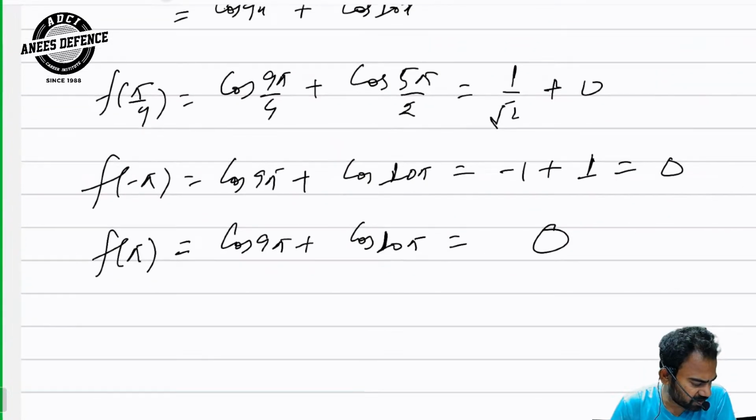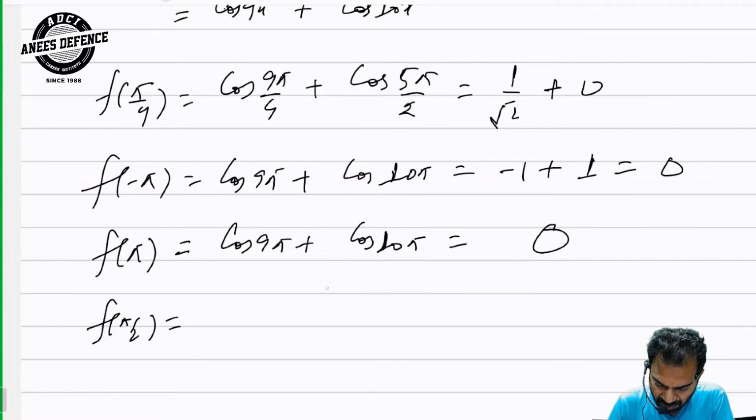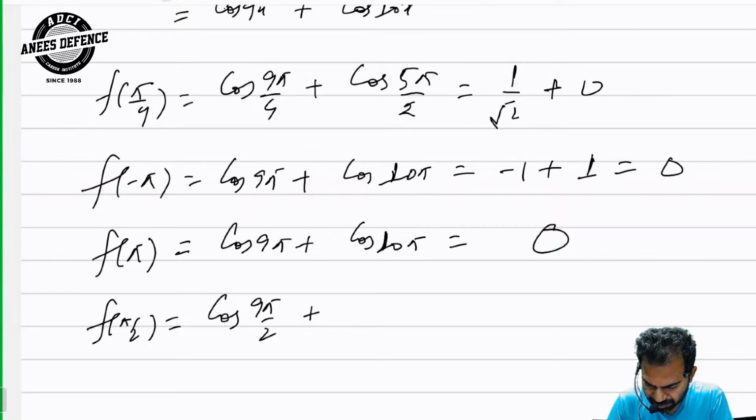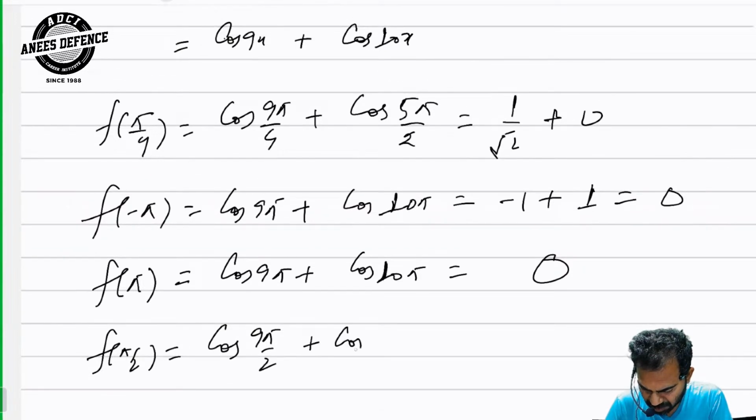The last option, f of pi by 2, cos of 9 pi by 2, 10 into pi by 2.